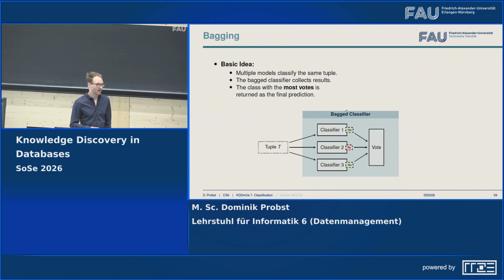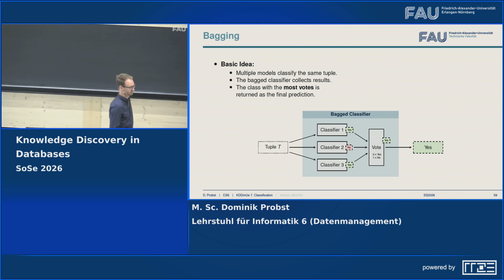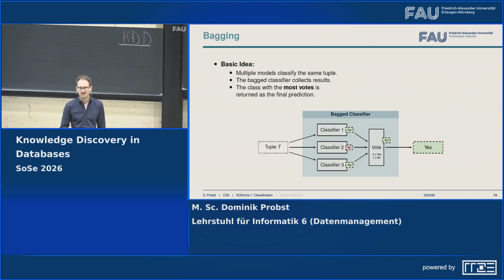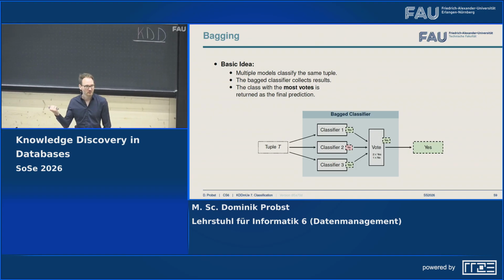These are then combined into a vote. Since we have 2 times yes and 1 times no, the total result in a majority vote is simply yes. And therefore, the bagged classifier would output yes. Simple as that. Democracy. Basically, democracy.